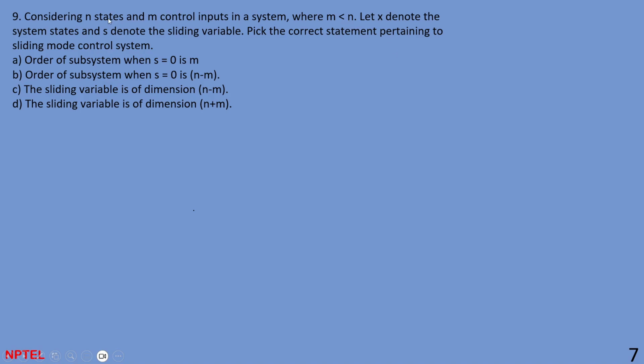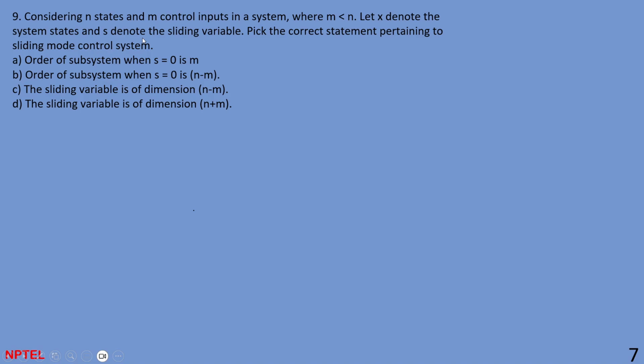N is the number of states and m is the control input. Let x denote the system state, and s denote the sliding variable. Pick the correct statement pertaining to a sliding mode control system.